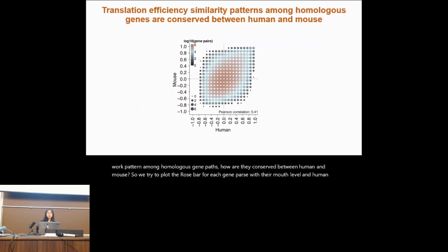In this plot, we aggregate the similarity score count within certain ranges, do a log transform, and then color them with different colors and sizes. And as you can see, at this level, the TE similarity pattern of homologous gene pairs is also conserved between human and mouse.